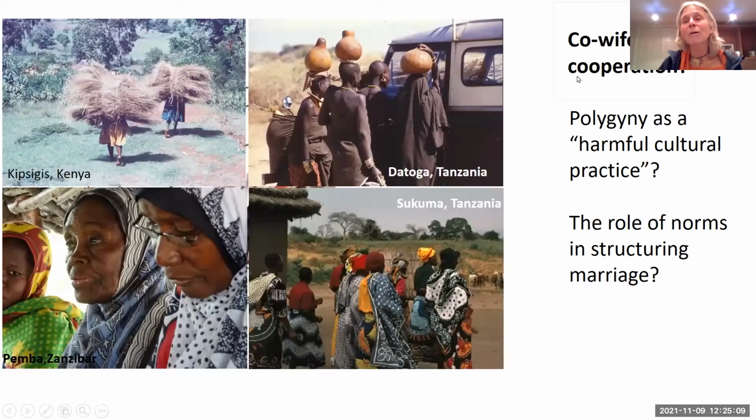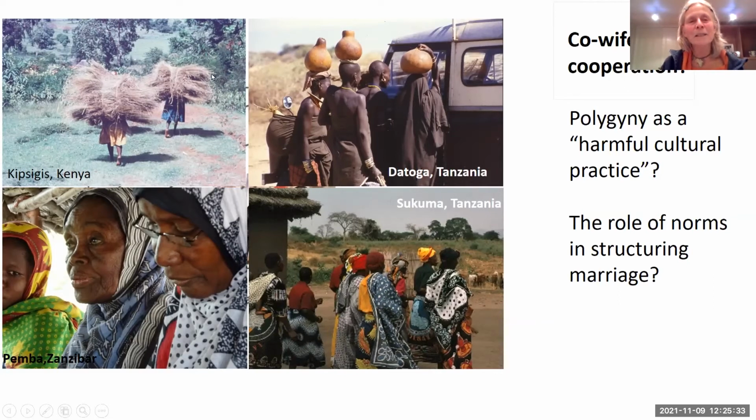So, co-wife cooperation. It seems that almost everything you read about polygyny emphasizes competition and conflict between co-wives. This is confusing because a lot of people like to talk about humans as having a cooperative breeding system, and they're willing to consider all kinds of cooperation, but not cooperation amongst females.